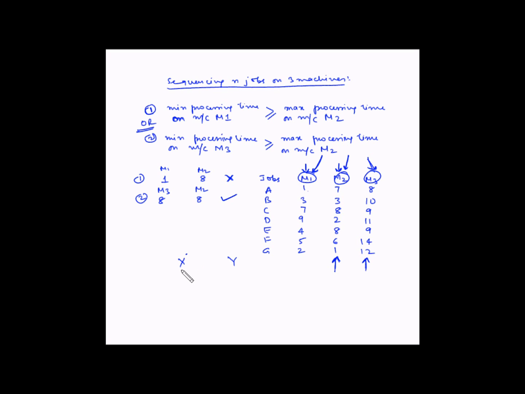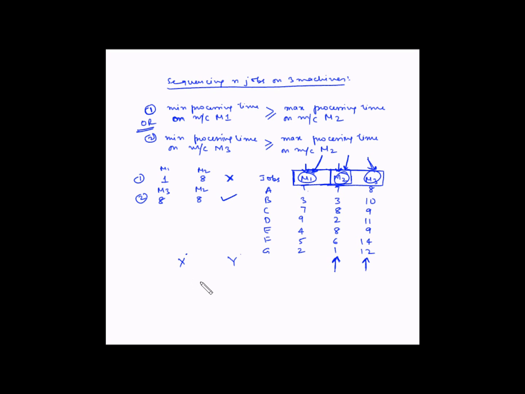So basically for each job the time on X should be the addition of the time between M1 and M2. Similarly, the processing time of various jobs on Y is the sum of the processing times of the corresponding jobs on machines M2 and M3. So for Y, we'll do the addition of the times taken by M2 and M3.